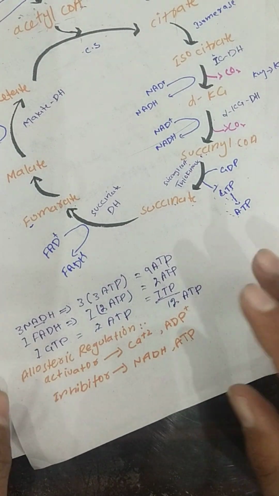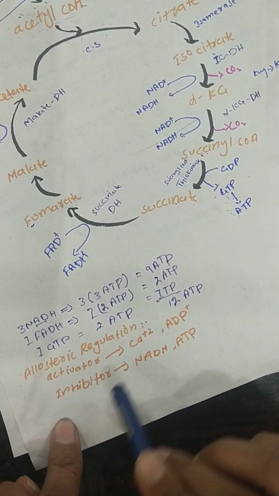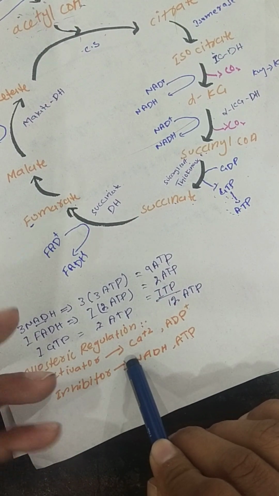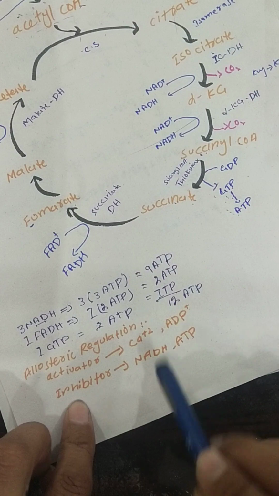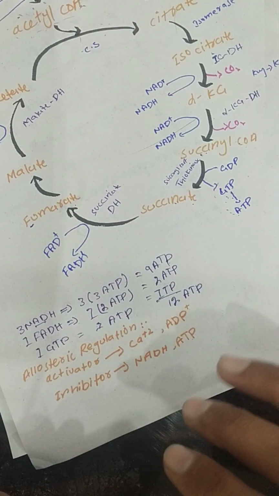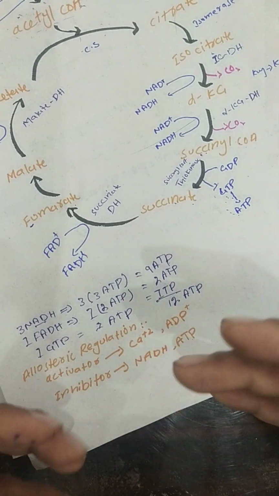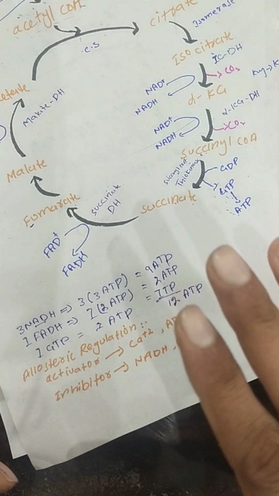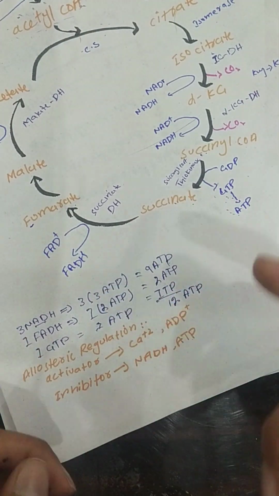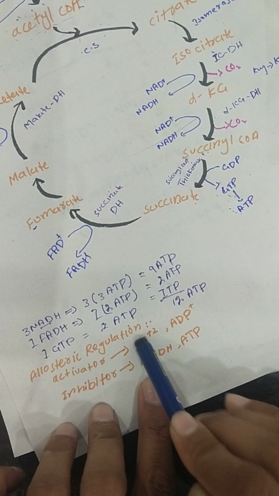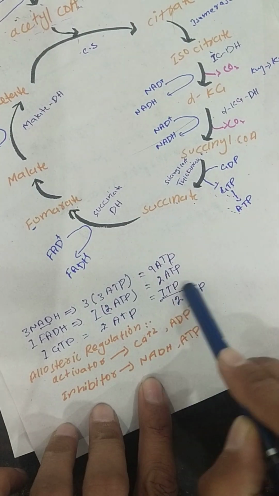Now we move on to regulation. Whenever you are asked about the regulation, they are asking which molecule or which hormone helps this reaction to occur, and which chemical stops or inhibits this cycle or reaction. So regulation, when we have calcium ions, this is very important, calcium ion or ADP.